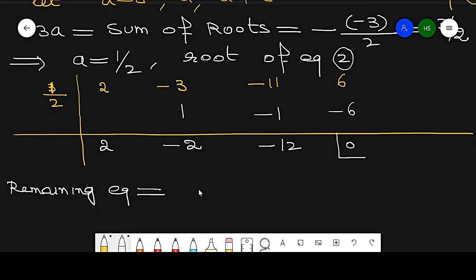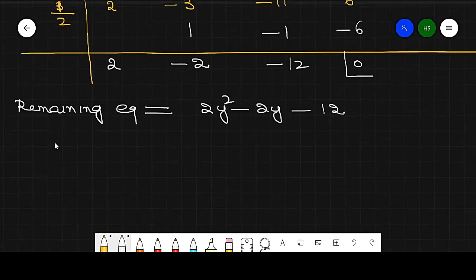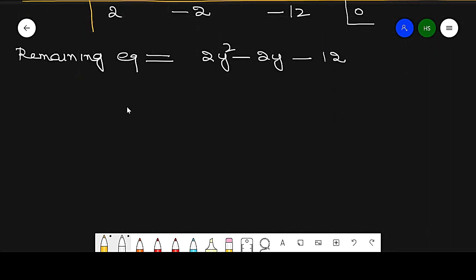2y^2 - 2y - 12. To find the roots of this quadratic equation, 2y^2 - 2y - 12 = 0, it implies y^2 - y - 6 = 0.